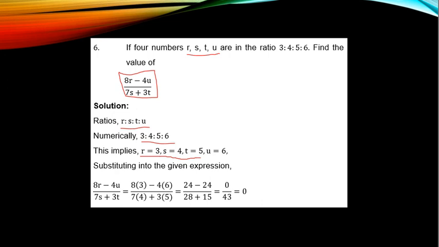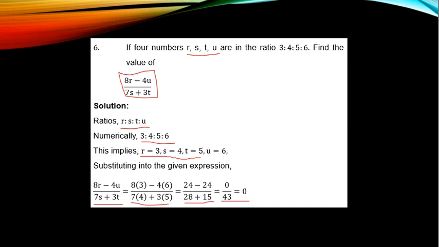So if you compare, you have that R is equal to 3, S is equal to 4, T is equal to 5, and U is equal to 6. So you write the expression and substitute what each respective letter stands for numerically. That is what you have here now. When you multiply, you have 24 minus 24 all over 28 plus 15, and that is 0 over 43, equal to 0.